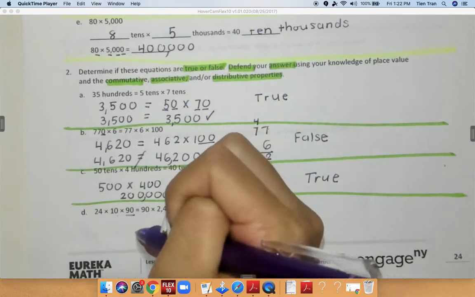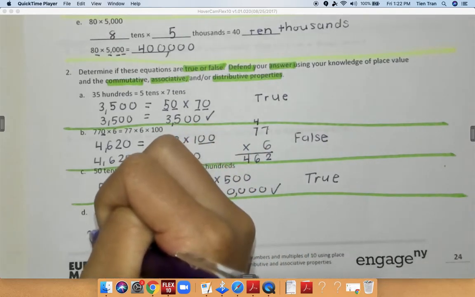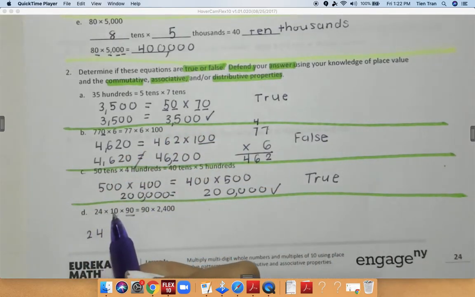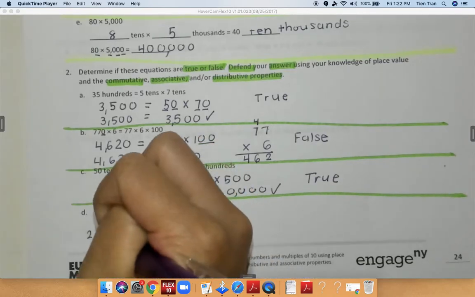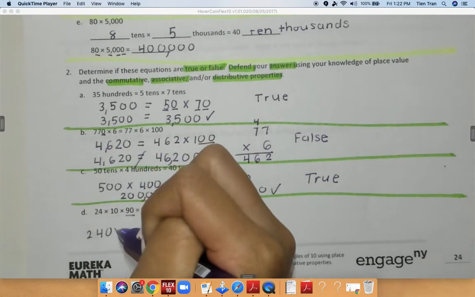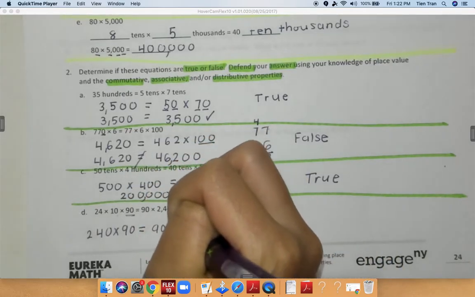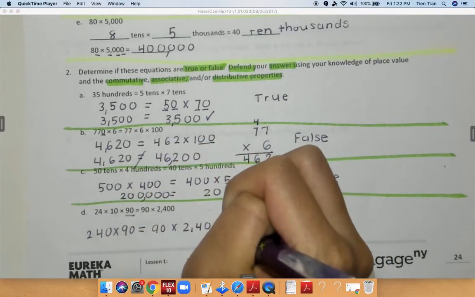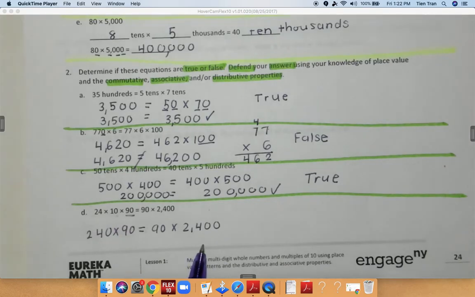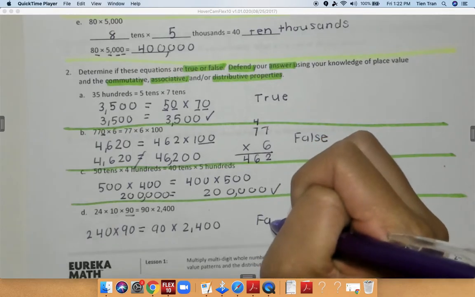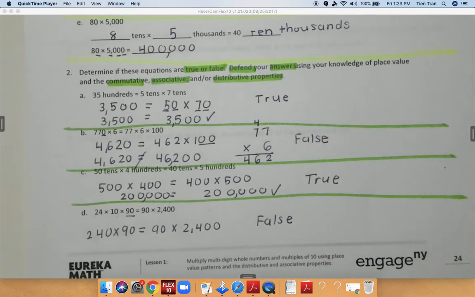So 90, we're going to leave that one alone. We're going to multiply these two together. 24 times 1 is equal to 24. Add my 0 at the end, and then I'm bringing down 90. Okay? And on this side, we have 90 times 2,400. On this side, we have 240. So that is going to be false. They are not equivalent to each other.